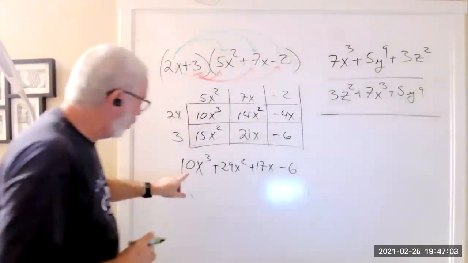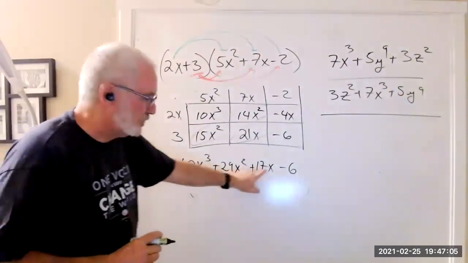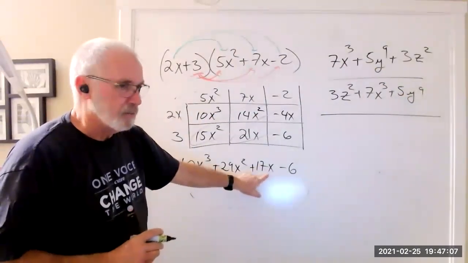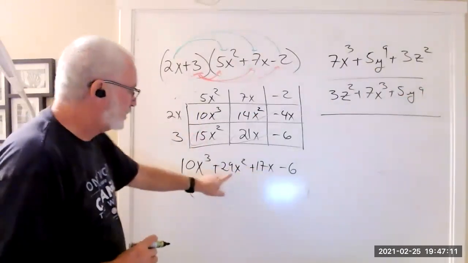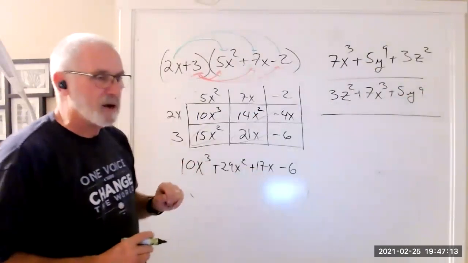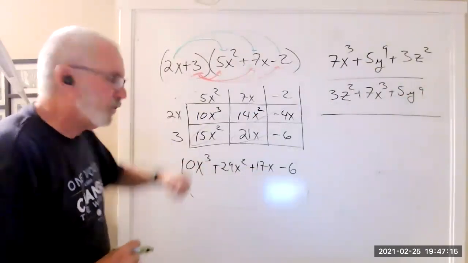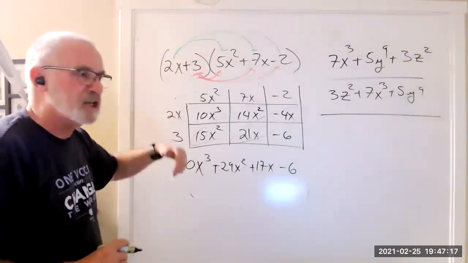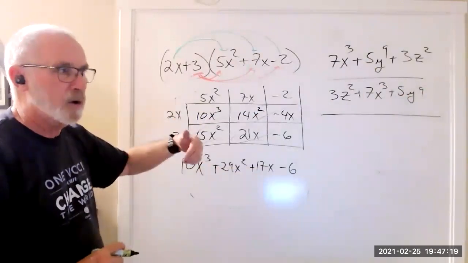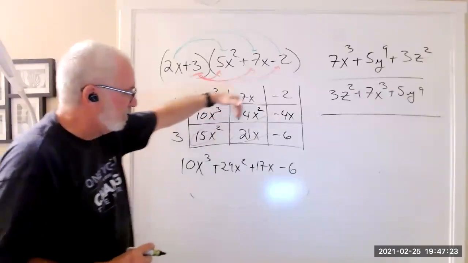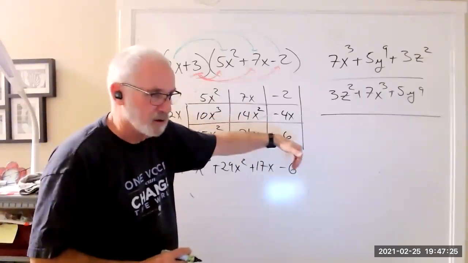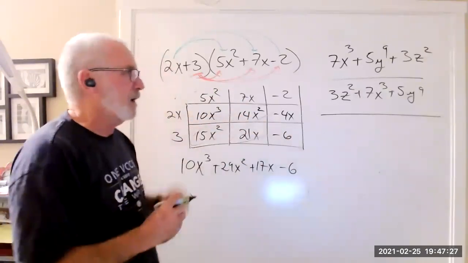But if they're all x's but different powers, really important, they're all x's but they're different powers, we always put them in what's called descending order of power. Highest power first, next highest power, next highest, and so on. So let me go back.